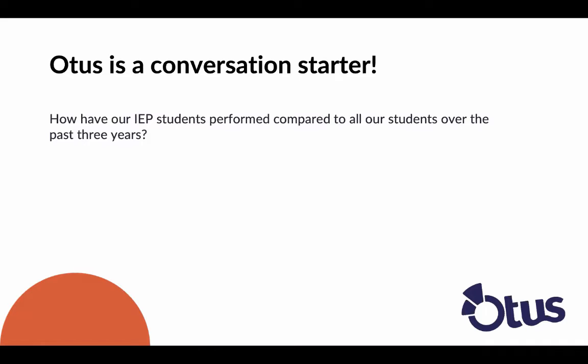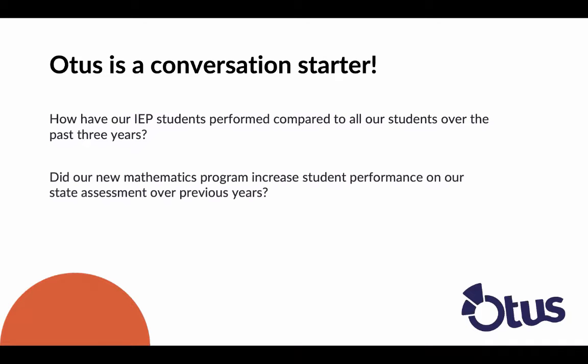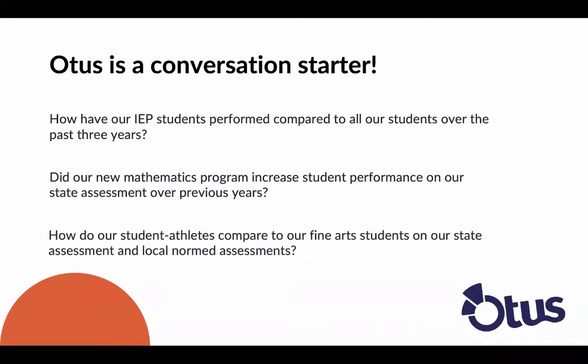This will be a way for you to have that information to start the discussion. Did our new math program increase student performance on our state assessment? This will give you the visual, the information to have that discussion. How do our student athletes compare to our fine arts students? This will again give you the information to have the discussion.